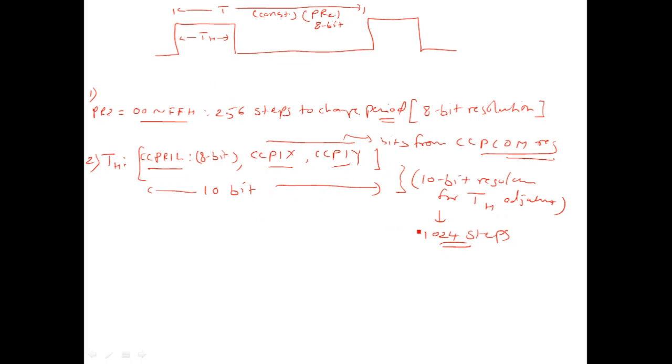With 10-bit resolution, you can adjust the duty cycle in 1024 steps, whereas the period has 8-bit resolution, and that is not very important because the period is to be kept fixed, it is not to be varied during a given operation. Only what you need to change is the duty cycle, that means you have to change the TH only. That's why this higher resolution is provided for variation in TH.